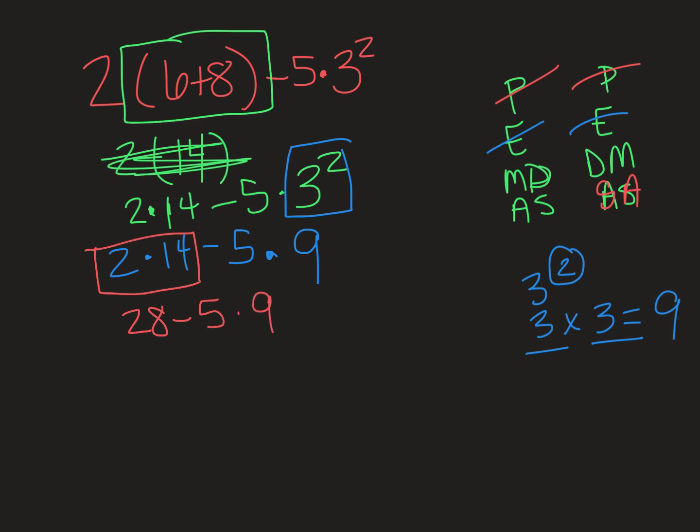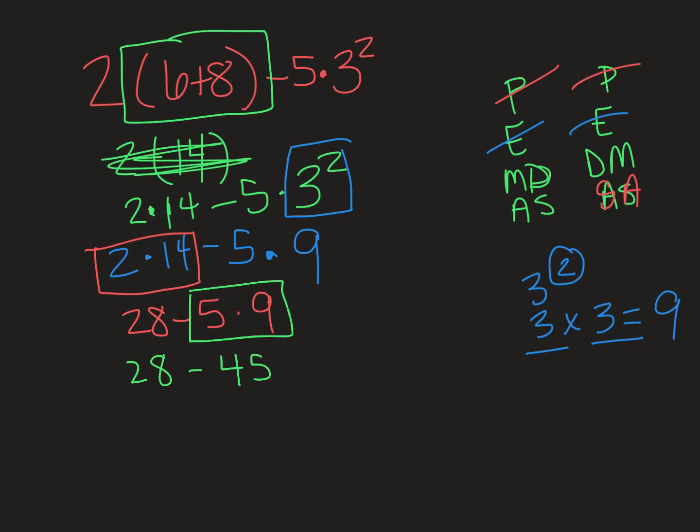We took a little break on our walk there to stop and tie our shoes, so let's keep going. Oh, there's another multiplication. There's no division this time, but there is multiplication, so we have to take care of it. 5 times 9, which is 45, and then we just rewrite everything.